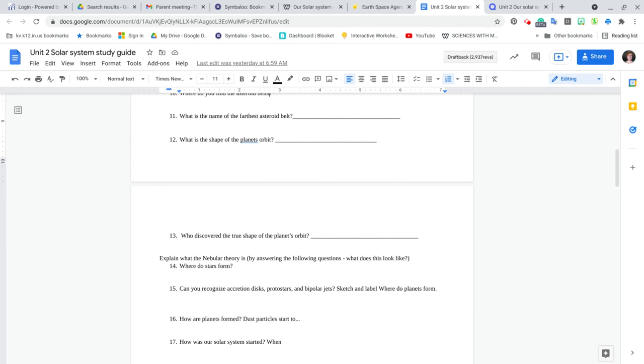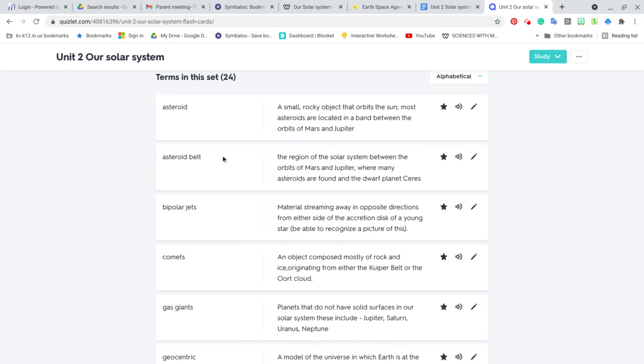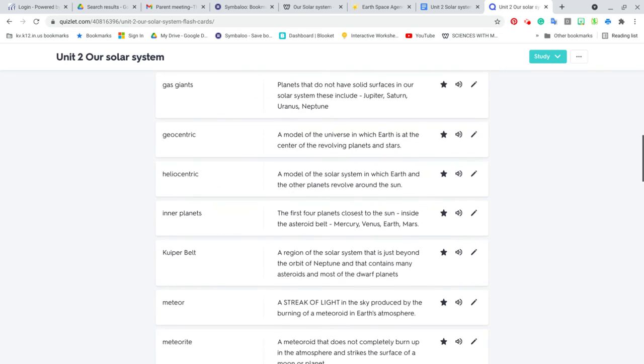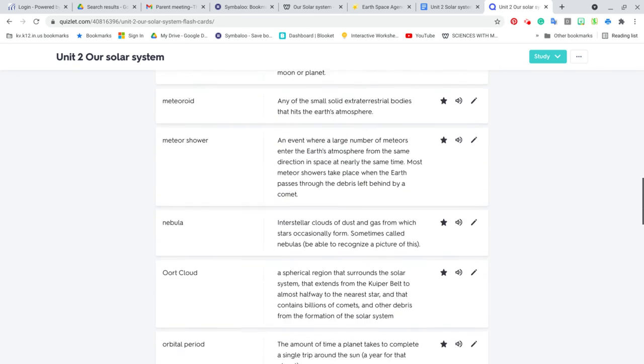The shape of the planet's orbit: elliptical. Elliptical. Is that here? No, it's not.